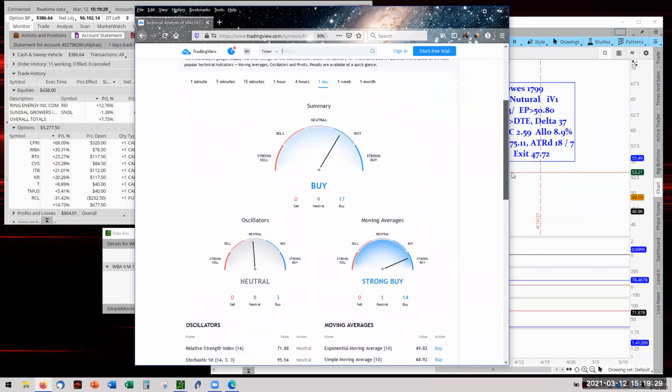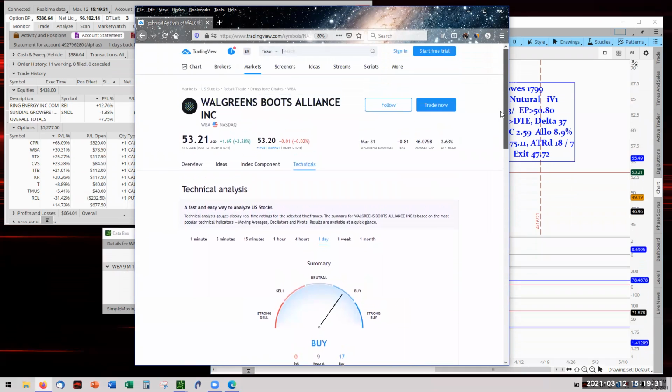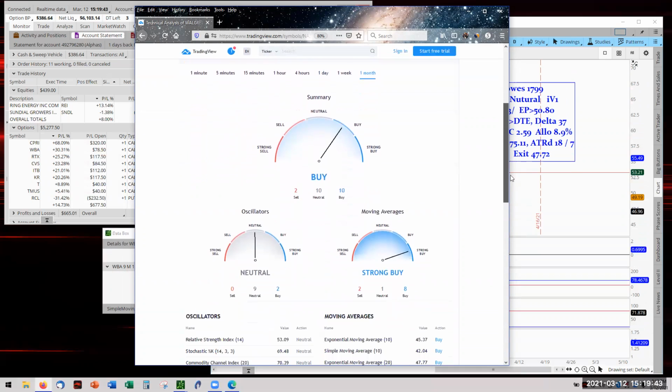These are the ones competing against the indicators, because the indicators have left us in some lost trades. So we have Walgreen, and now let's see where it's projected a month from now. A month from now it is projected to be in strong buy. So we have a real good potential of moving forward with this in the next 30 days. And that's Trading View.